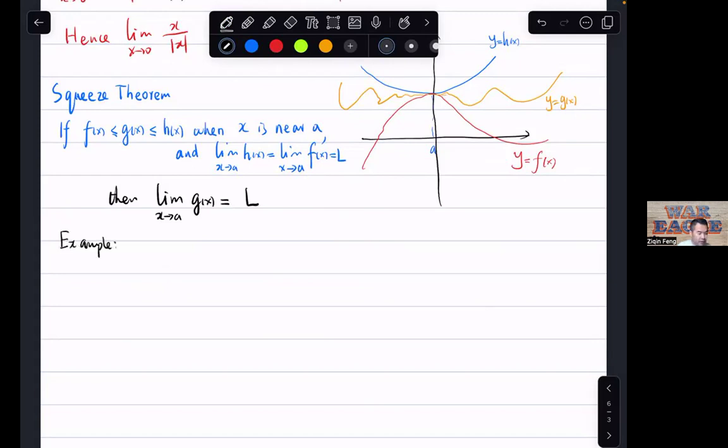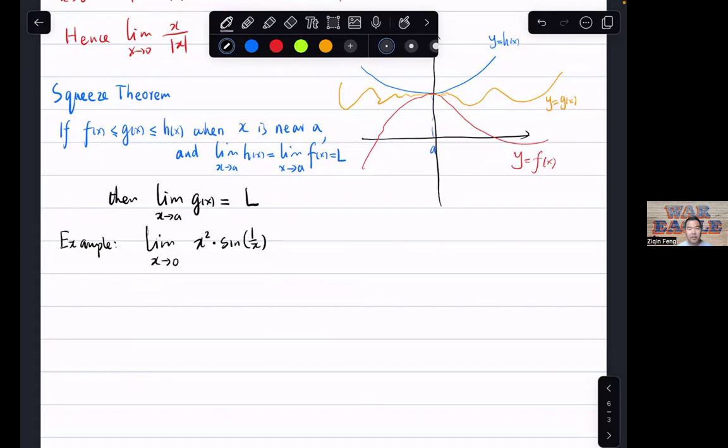We are given a function which is x squared times sine of 1 over x. This is clearly a very complicated function: it contains a square, a sine, and 1 over x. We want to know the limit of this function as x goes to 0. Again, here you cannot plug in 0.